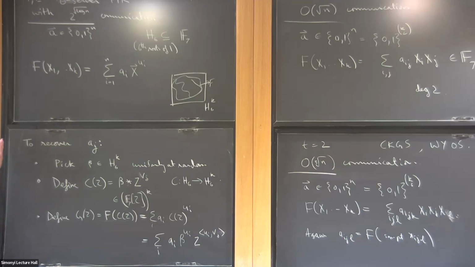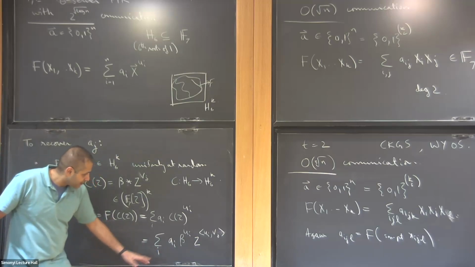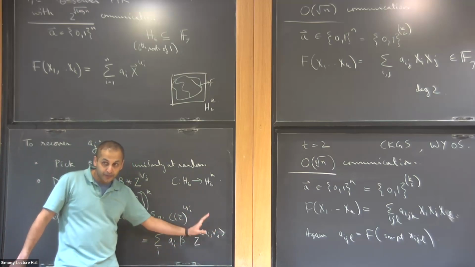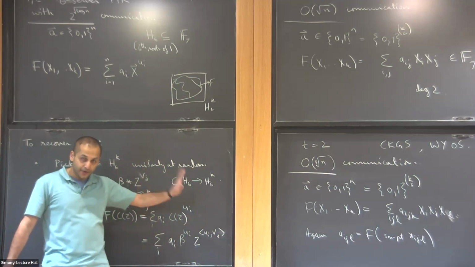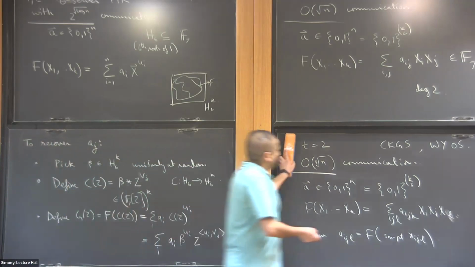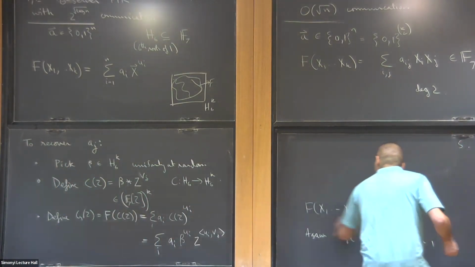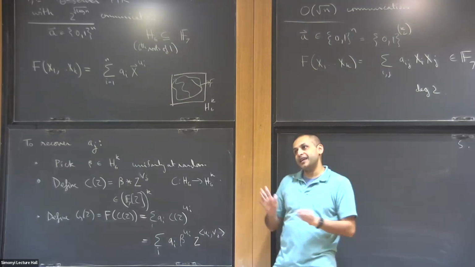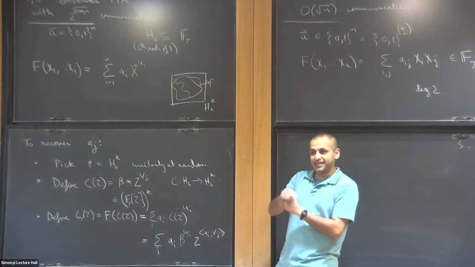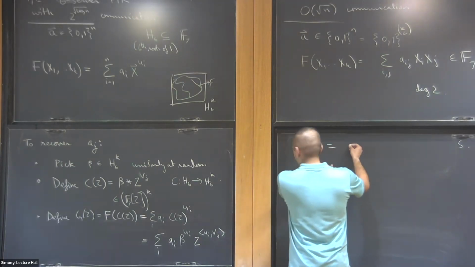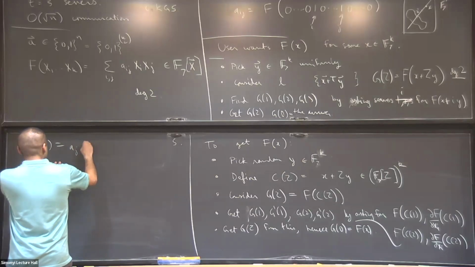And now let's use the fact that this is a matching vector family and something nice will happen. Because this is a matching vector family, Uj Vj is the only exponent here which is 0 mod 6. Everything else is non-zero mod 6. So when you open it up, I'm following the rules of exponential polynomials where you're promised that you're only going to plug in 6th roots of unity. And in that, G of Z is Aj beta to the Uj.